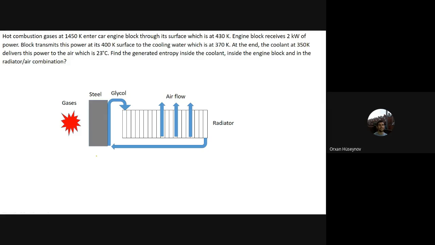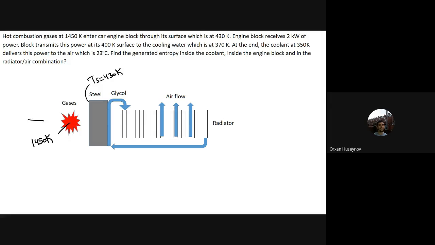So we have the gases here. The temperature of the gases is 1450 Kelvin. And the temperature of the surface of the engine block, T surface, is 430 Kelvin. And the engine block receives 2 kilowatts of power.